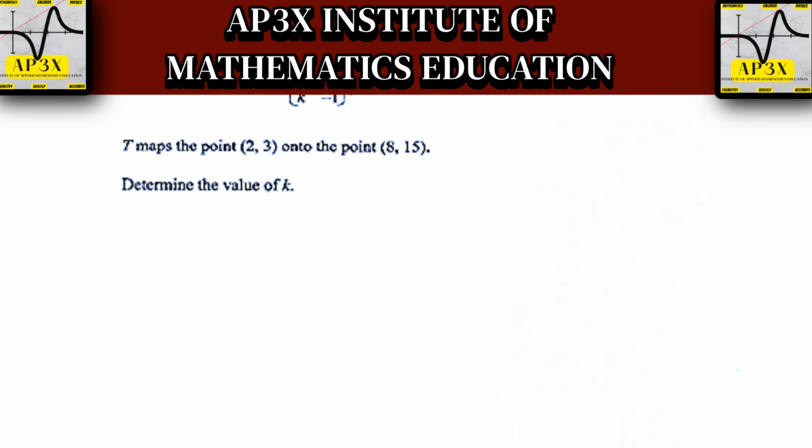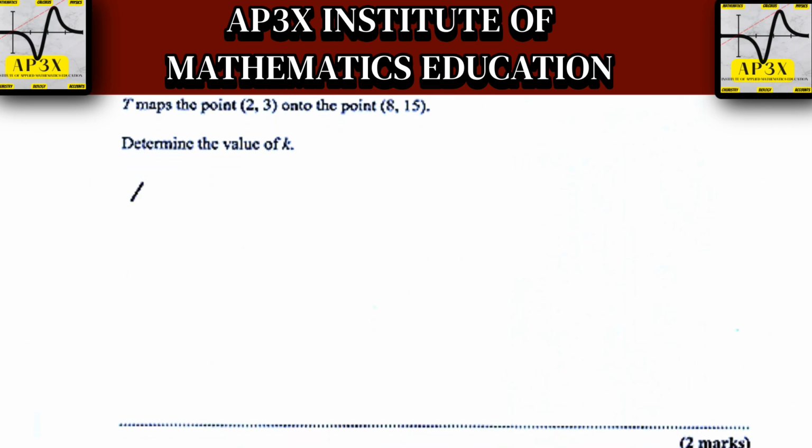Now the rule still applies that a matrix multiplied by the object will give you the image. That's what we know for certain.